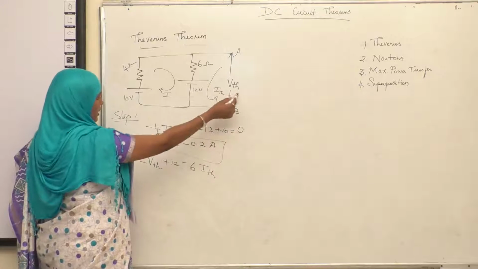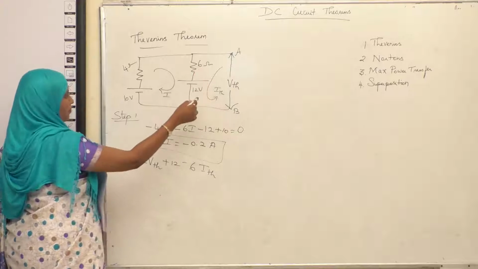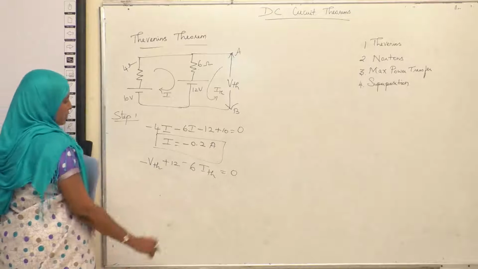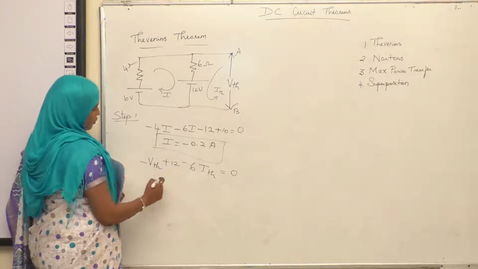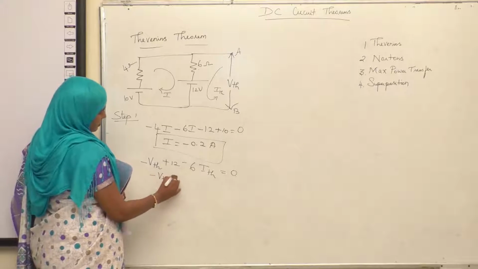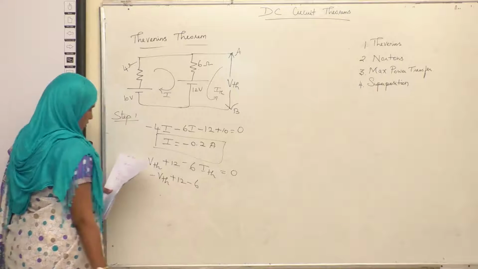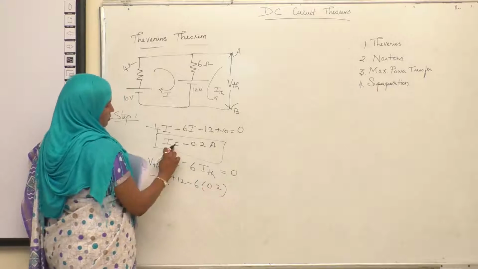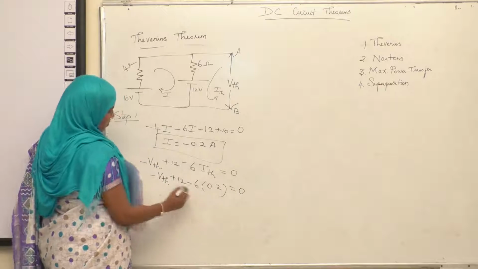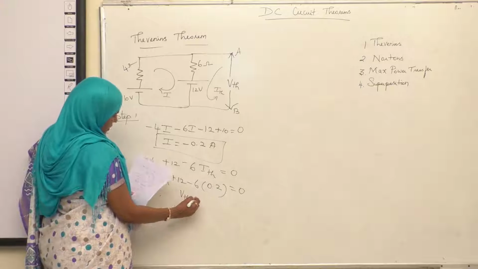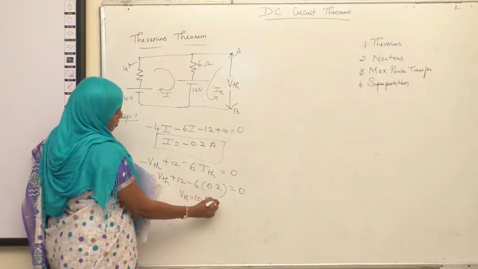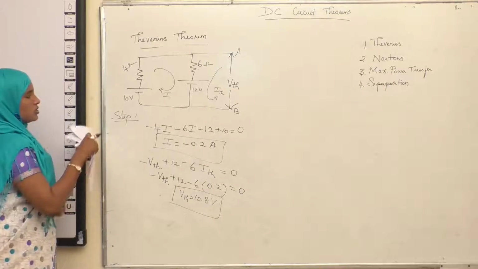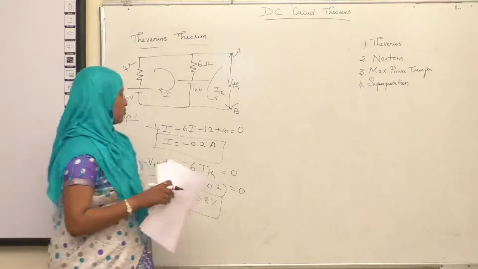It consists of VTH, this 6 ohm and this 12 ohm. From this you have to equate ITH and I, which is 0.2. From this your VTH will be 10.8 volt. So this is your first step to find VTH.